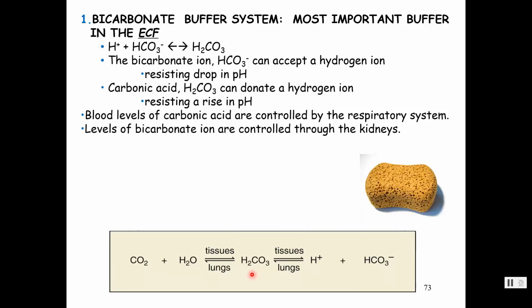Carbonic acid, too, can also donate a hydrogen ion. So that's where we get our weak acid, weak base pair. Blood levels of carbonic acid are being controlled through the respiratory system. Levels of bicarbonate ion are controlled through the kidneys, through that reabsorption of bicarbonate and that elimination of hydrogen ions.